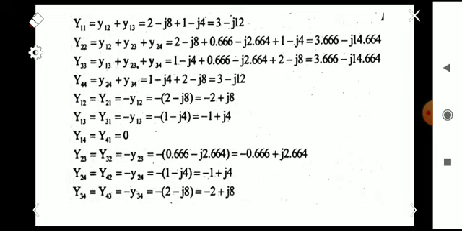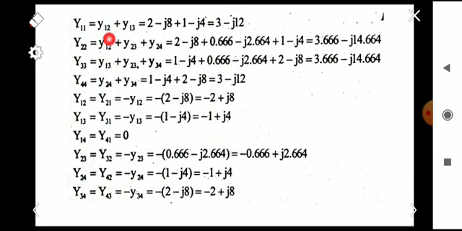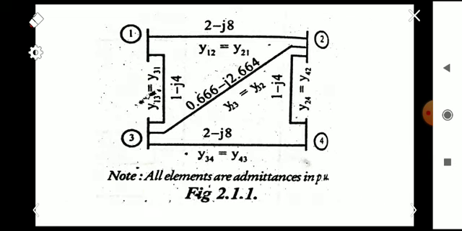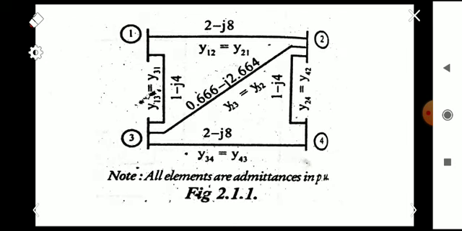Here capital Y11, Y12, Y22, Y33 are the elements of the Y bus matrix, and the small y12, y13 are the corresponding admittances between the buses, as given in the problem. So for Y11 we have to add all the admittances, and like that we can find Y22.